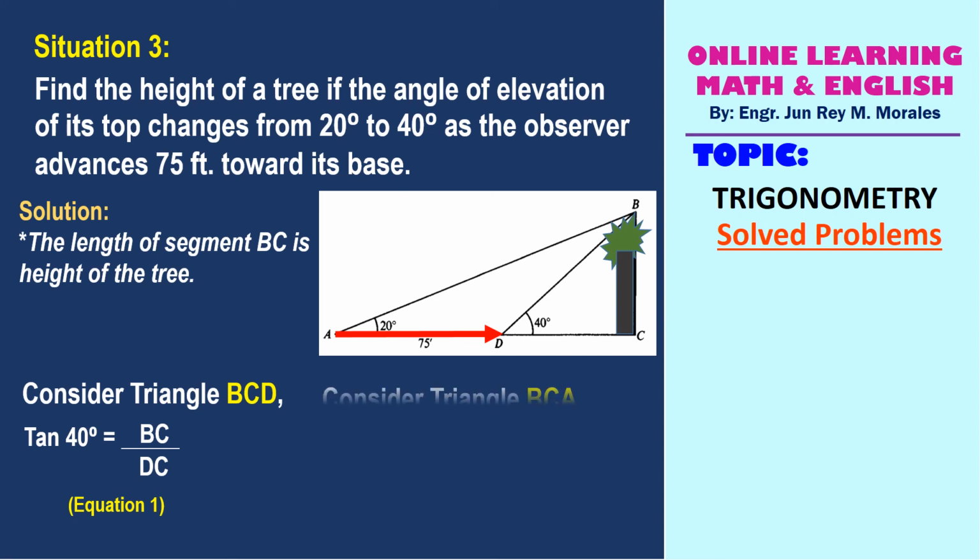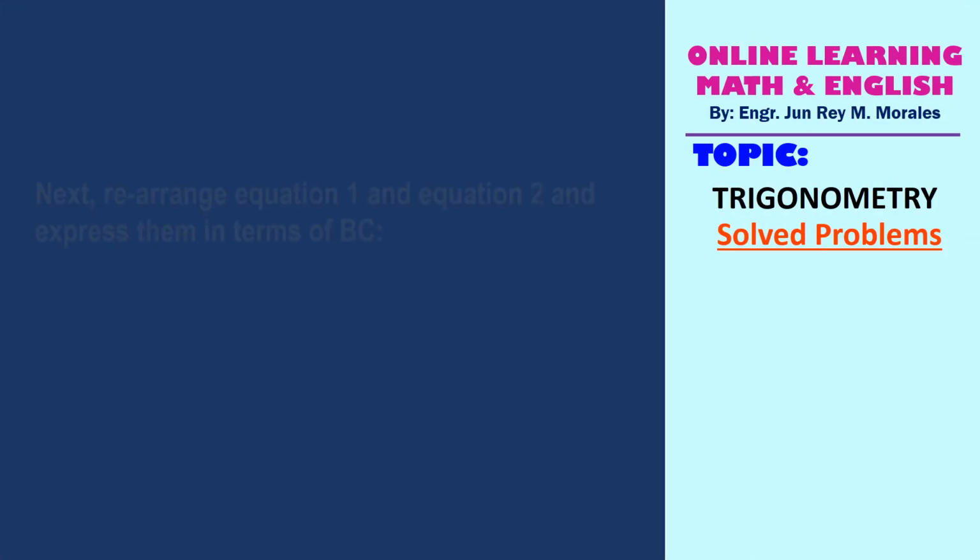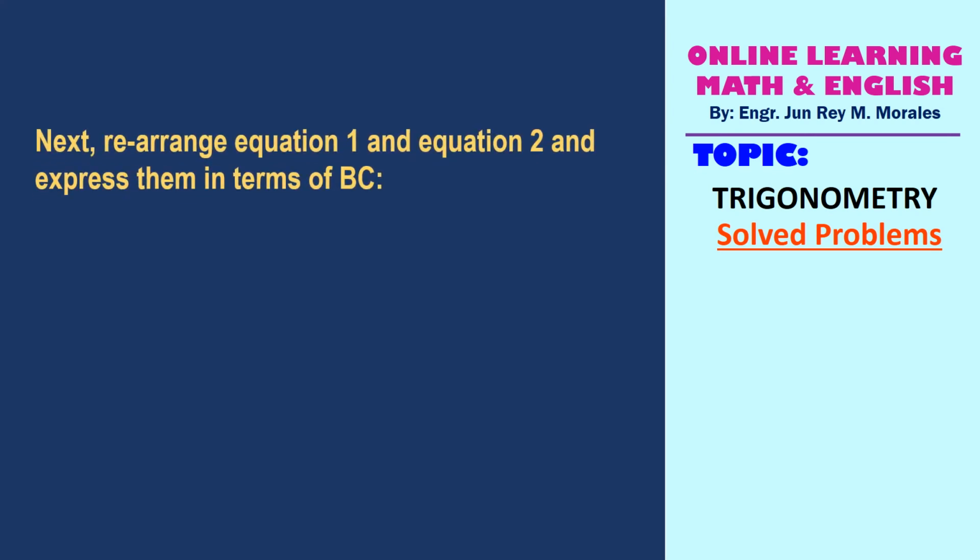If we consider triangle BCA, tangent 20 degrees is equal to BC divided by 75 plus DC. Now let's call it equation 2. Next, we shall rearrange equation 1 and equation 2 and express them in terms of BC.